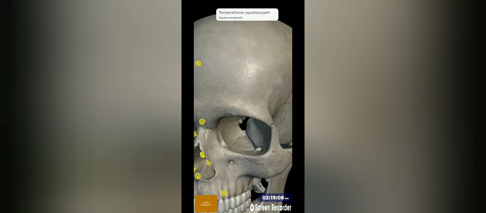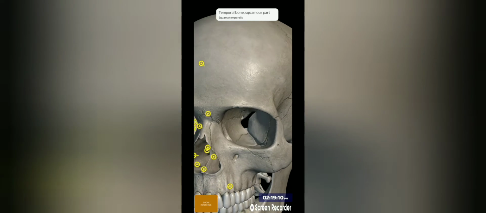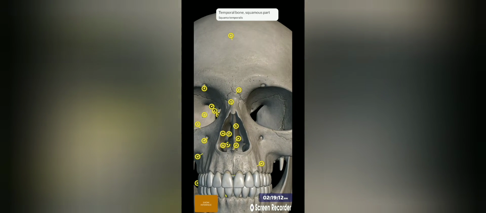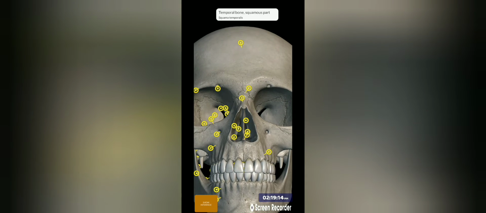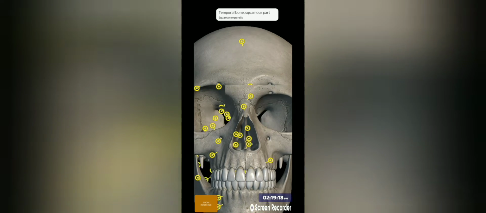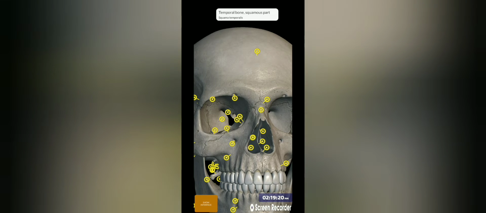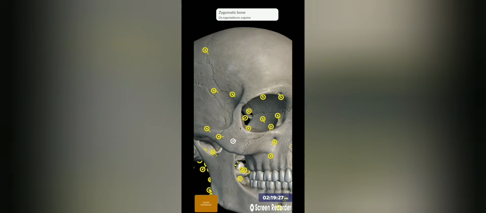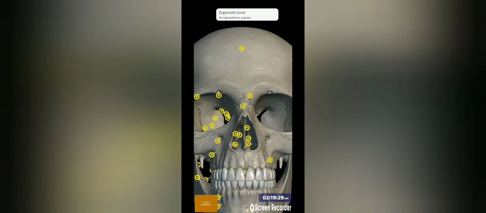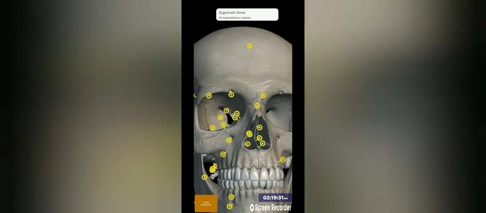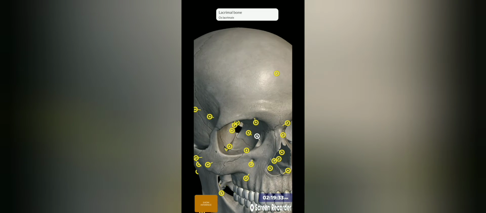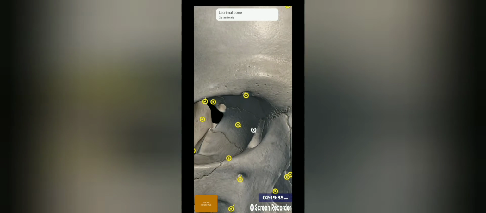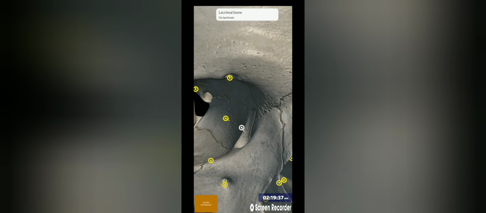Now coming to the facial skeleton. The facial skeleton consists of 14 bones. Total bones are 28, 14 are divided into each part. This one is the maxilla, which is a paired bone. This one is the zygomatic, which is again a paired bone. This one is the lacrimal bone. You can easily visualize this bone.